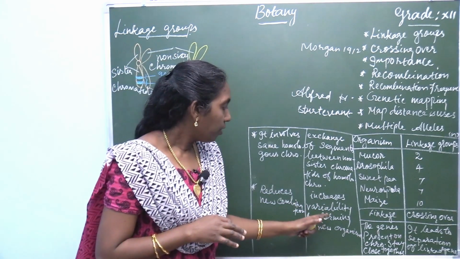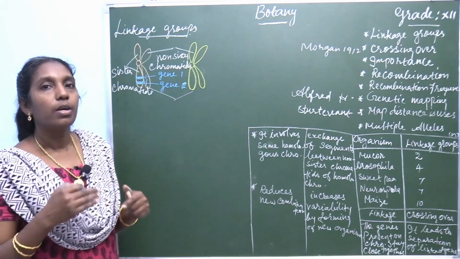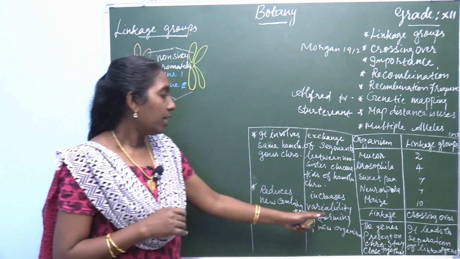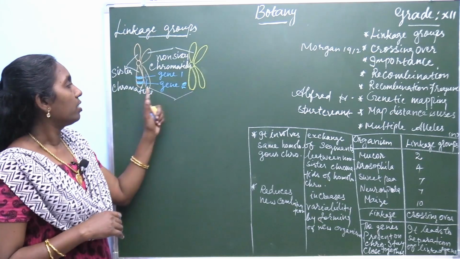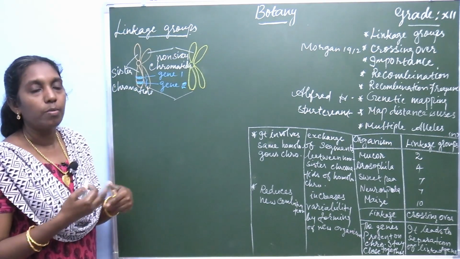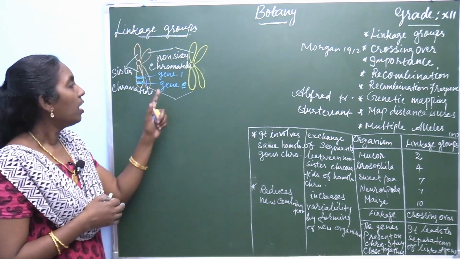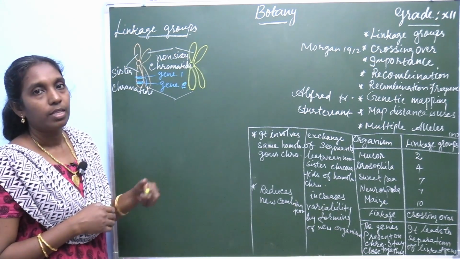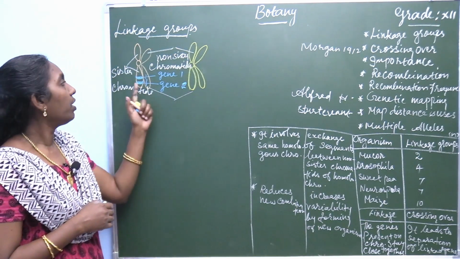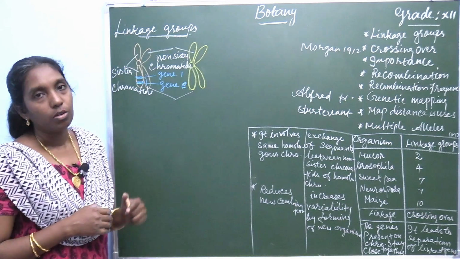But crossing over increases new combinations and variability by forming new organisms. Many variations take place because the non-sister chromatids exchange segments. That's the difference between linkage and crossing over.